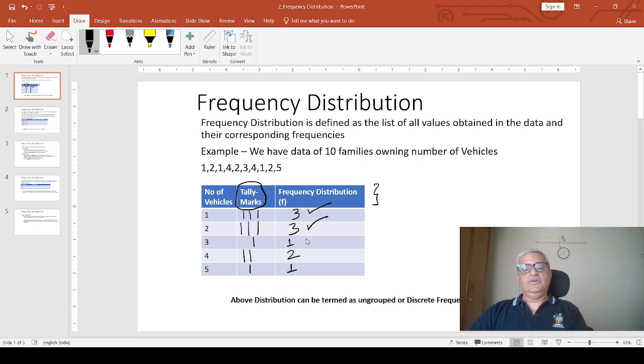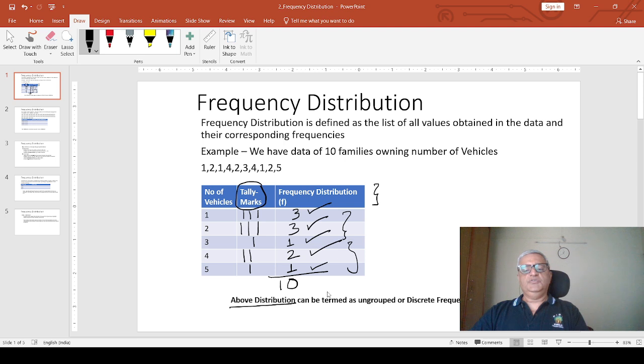I have one family having just 3 cars. I have 2 families having 4 cars and one family having 5 cars. So this is my frequency distribution of data, and if you total the number of families, it comes out to be 10: 3 plus 3 is 6, plus 1 is 7, 9, and 10.